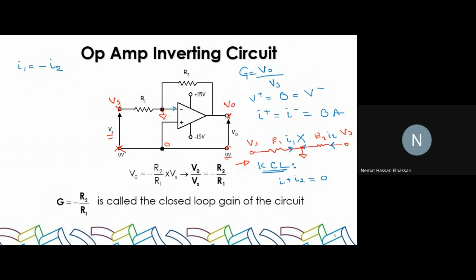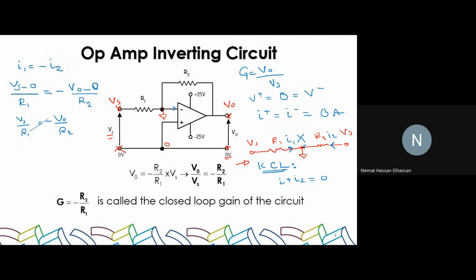So if I want to find the current passing through R1, I1, it will be equal to Vs minus 0 over R1, correct? Similarly, if I want to find I2, I2 is equal to what? V out minus 0 over R2. Beautiful. Meaning Vs over R1 is equal to minus V out over R2.